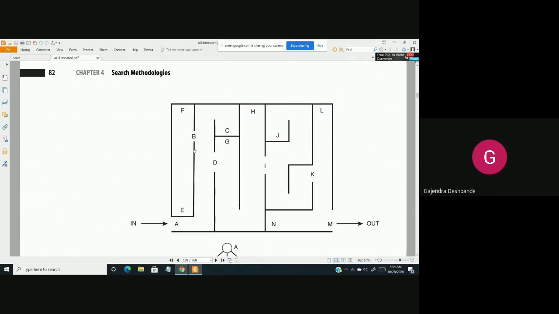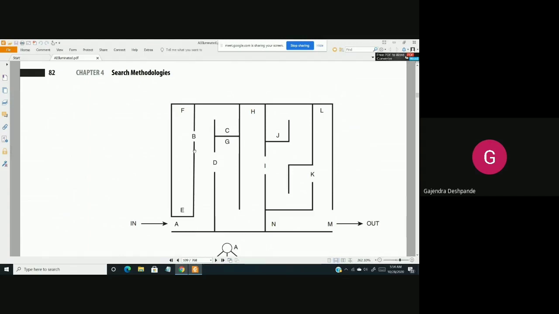Now this is a problem, and the next thing is to represent this maze in an appropriate knowledge representation method. So let's represent this maze in the form of a tree.